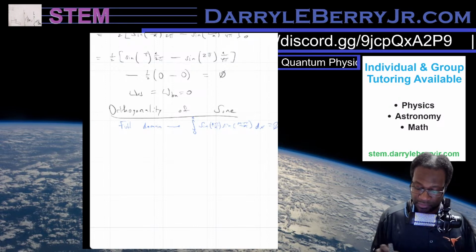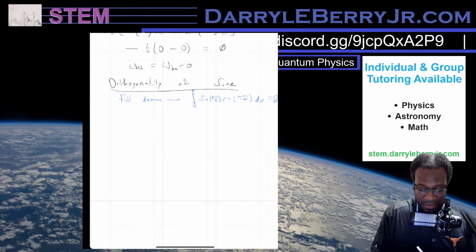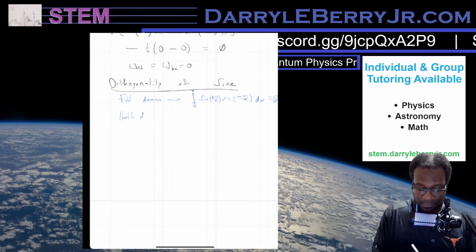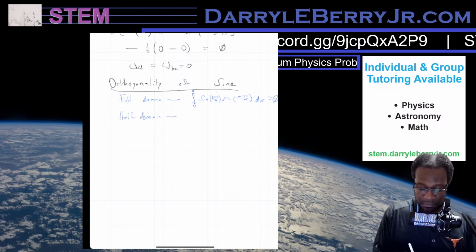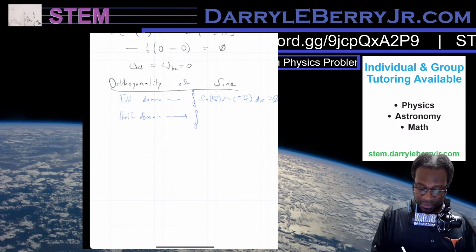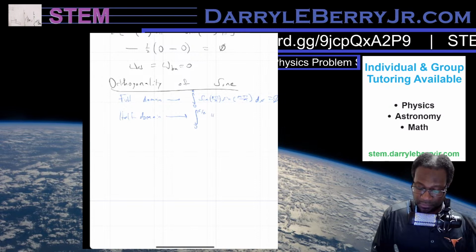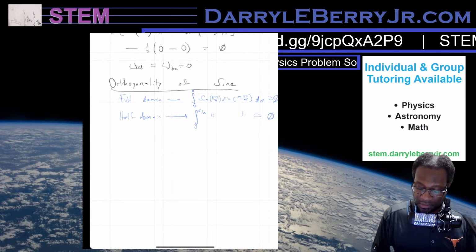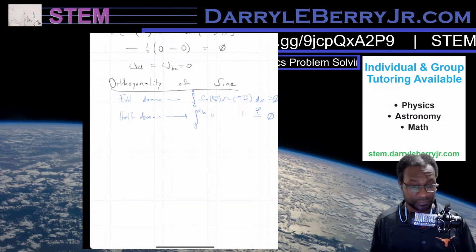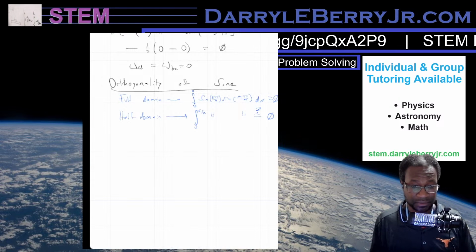This is going to equal 0 due to orthogonality. Half domain, which is 0 to a over 2, equals 0 sometimes, depending on the bounds.